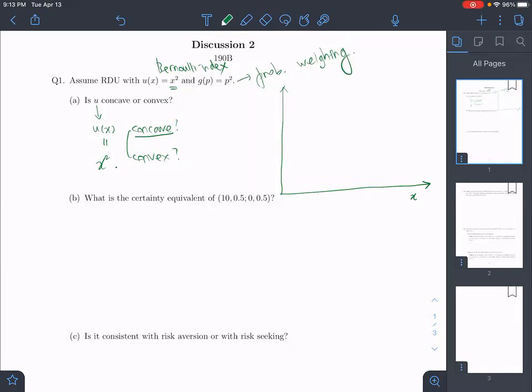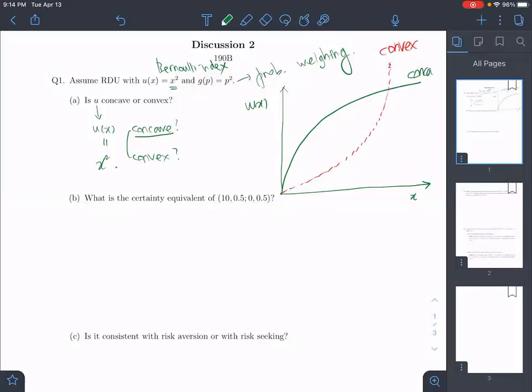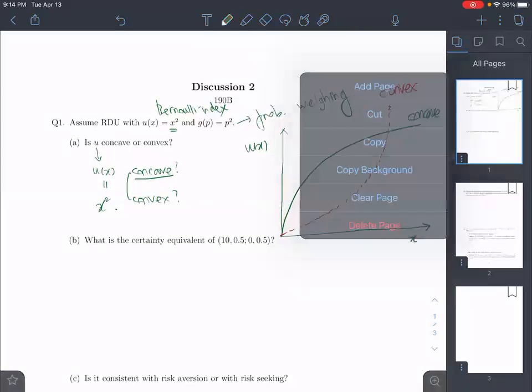This one is convex, you will see soon. Actually, when economists talk about concave and convex functions, it can sometimes be different. But in our context, in economics, this is a concave function. This red dotted line is a convex function. Sometimes we call it concave to the origin.